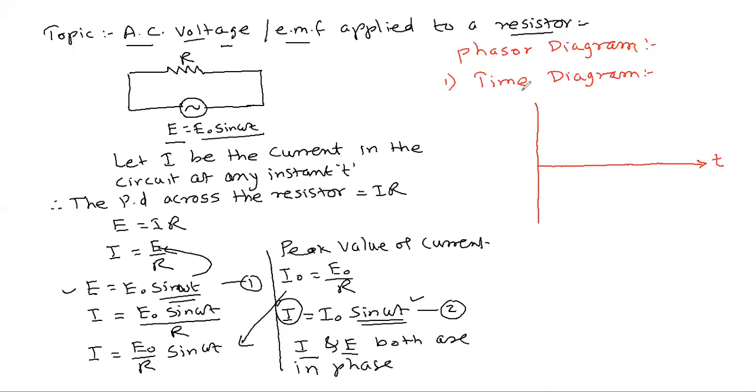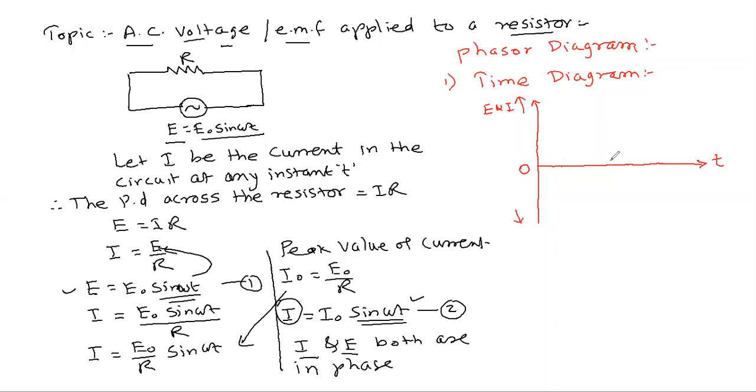Along the x axis is time, and along the y axis the value of EMF and the current. For the respective peak values of this current and voltage, you get the phasor diagram like this.